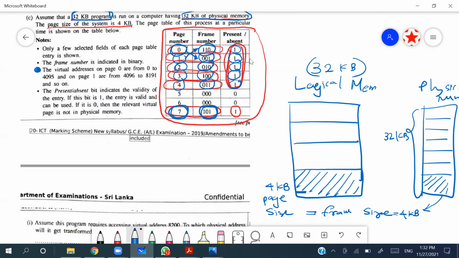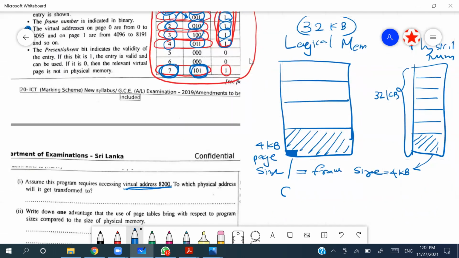So if the starting point has the address 0, the ending byte has the address 4095.